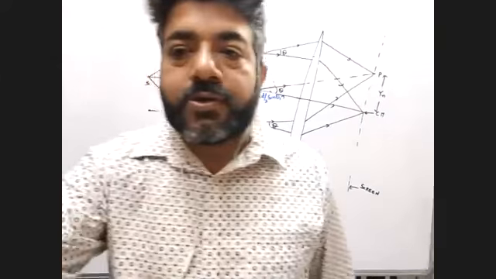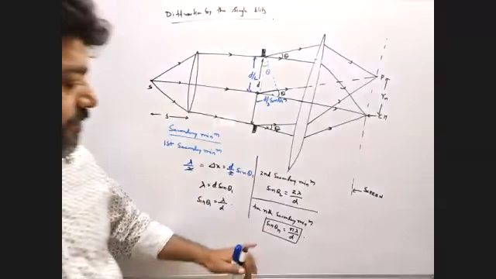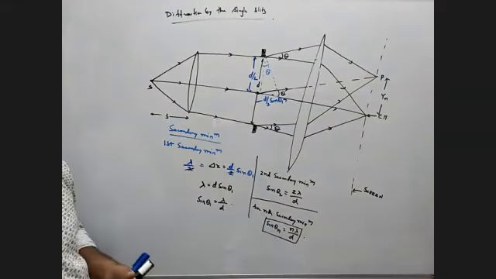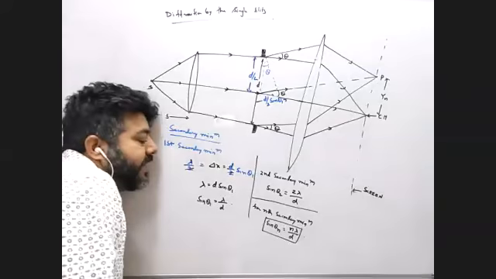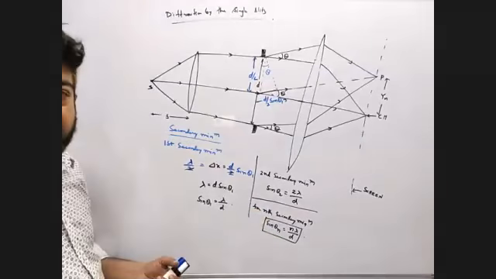So now sine theta n is n lambda by d. Now see some important part here. Up to this, is it okay, everyone?